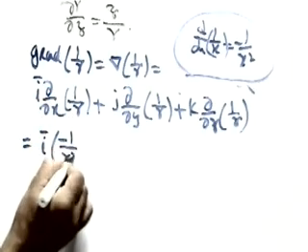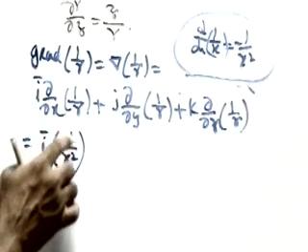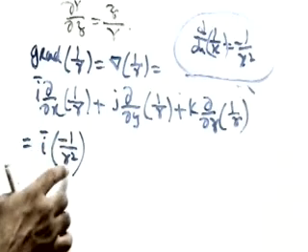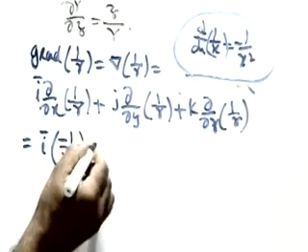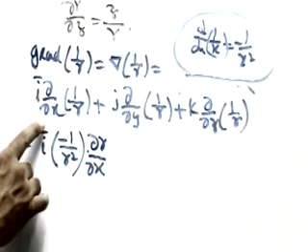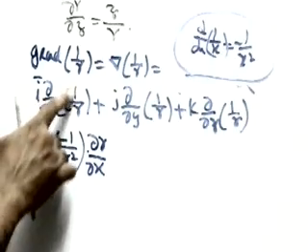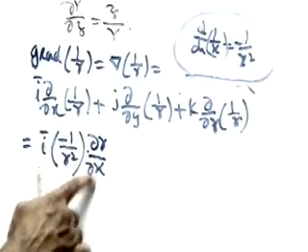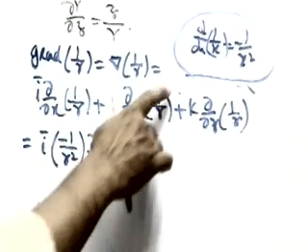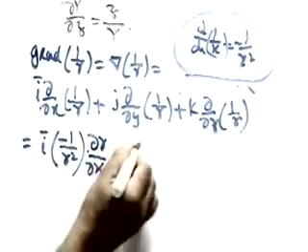So d by dr of 1 by r will be minus 1 by r squared, into dou r by dou x, because we actually have to differentiate with respect to x. So we differentiate r and must write dou r by dou x. Here we write dou r by dou y, and here dou r by dou z.